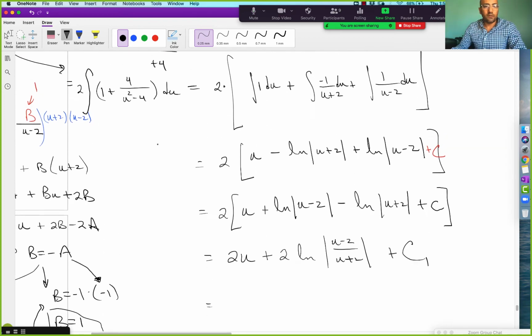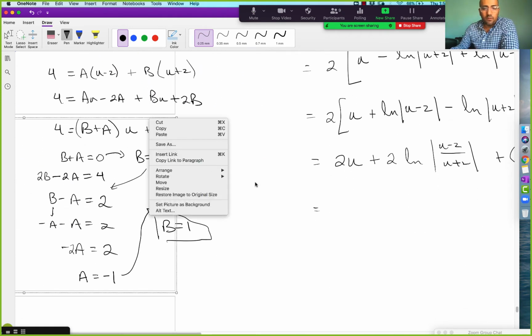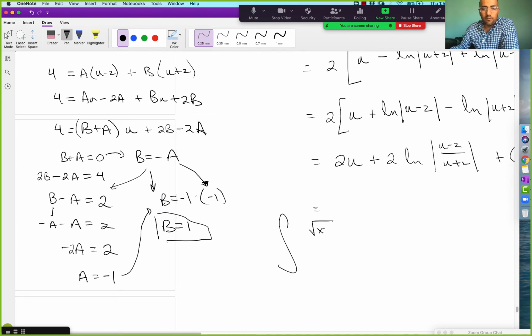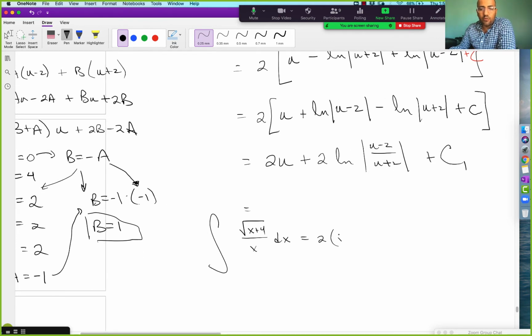The integral of x plus 4 over x dx is going to be equal to 2 times, and now the u was square root of x plus 4, plus 2 ln of absolute value of square root of x plus 4 minus 2 all over square root of x plus 4 plus 2, and some constant at the end.